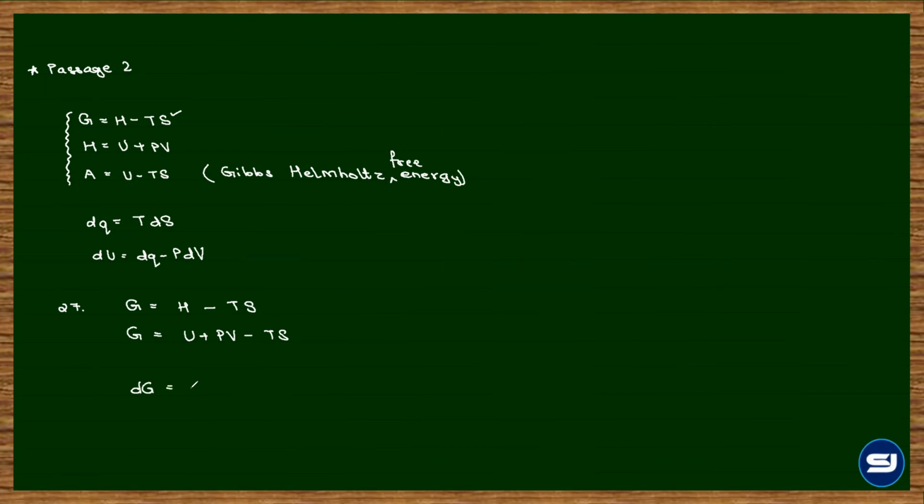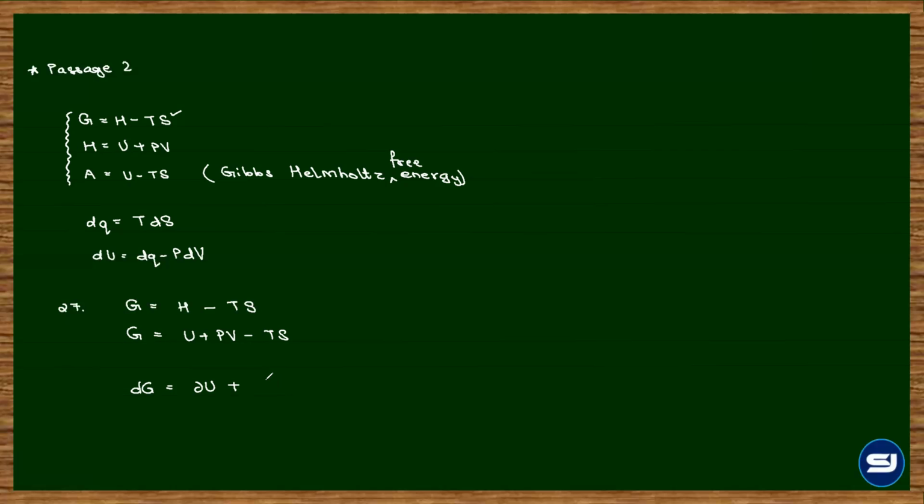dG or del G is, बोलो. We are differentiating with respect to the temperature only, so यहाँ पे just आप del G लिख सकते हो, which will be del U plus, इसको कैसे करेंगे? UV rule.